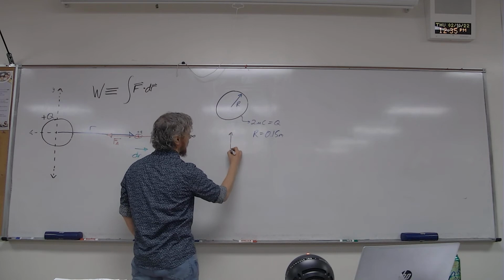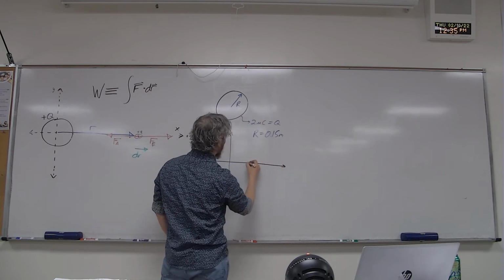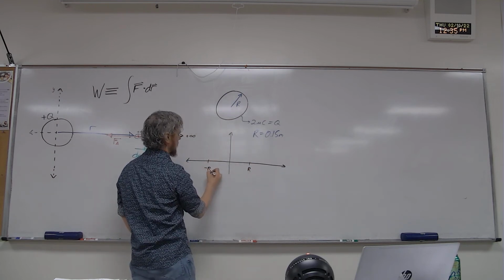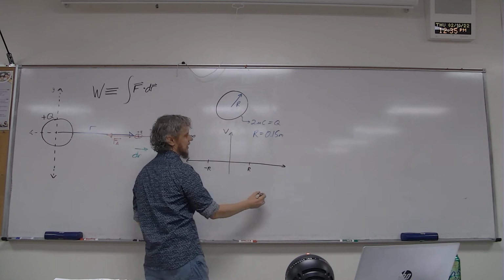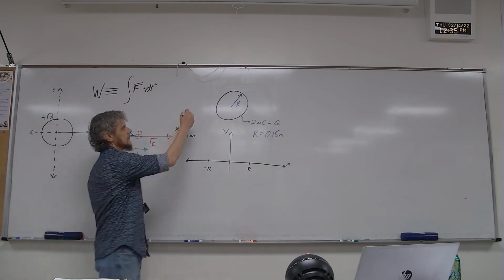So, I'm going to graph it directly underneath. Obviously this is positive R, this is negative R, and I want to plot electric potential versus position in the x direction. So I'll be going this way.